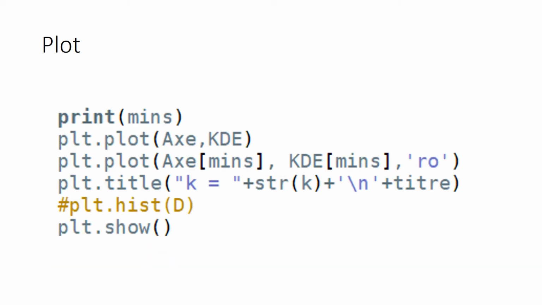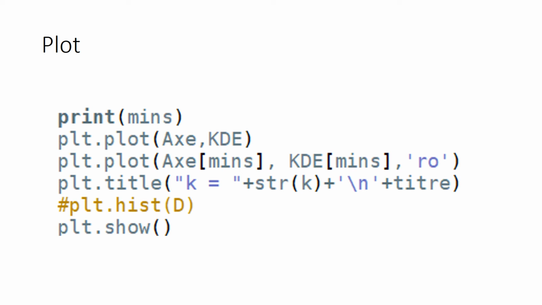So just a function quickly to plot. I added a title, I put titre as an optional argument in the function, and I also put the value of k in the title of the graphs, because it's actually what matters for me.